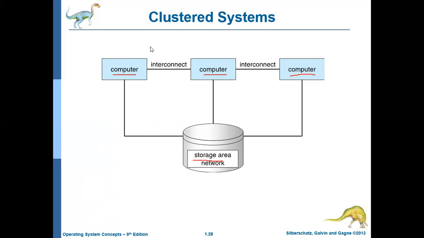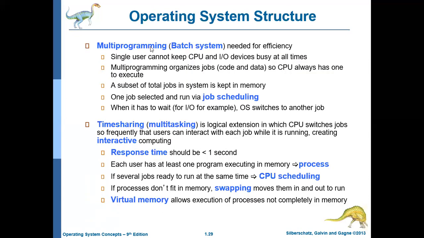Okay, they are using the same storage. This is an example of what you call a storage area network. Using clustered architecture, this type of network is possible, right? Fine. So that's it about clustered systems.